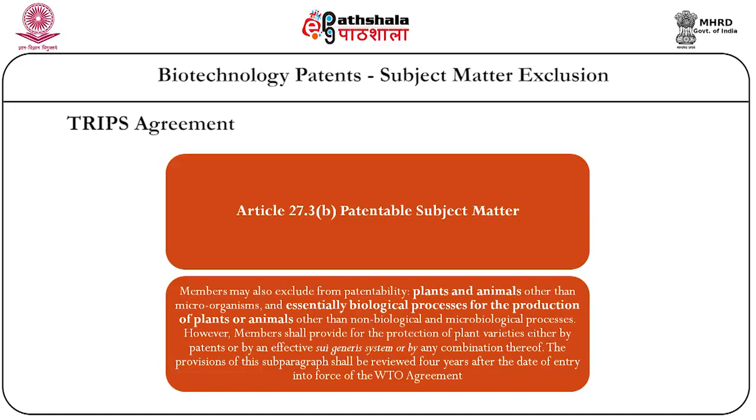However, members shall provide for the protection of plant varieties either by patents or by an effective sui generis system or by any combination thereof. The provisions of this subparagraph shall be reviewed 4 years after the date of entry into force of the WTO agreement.